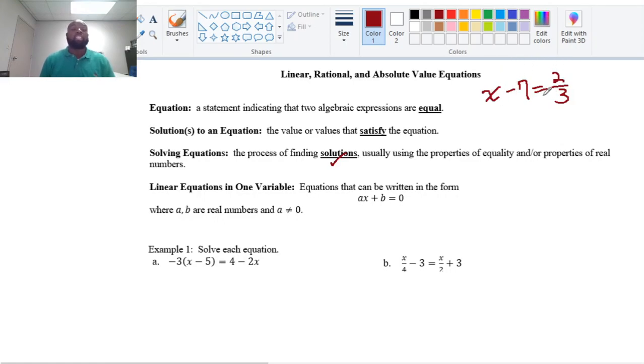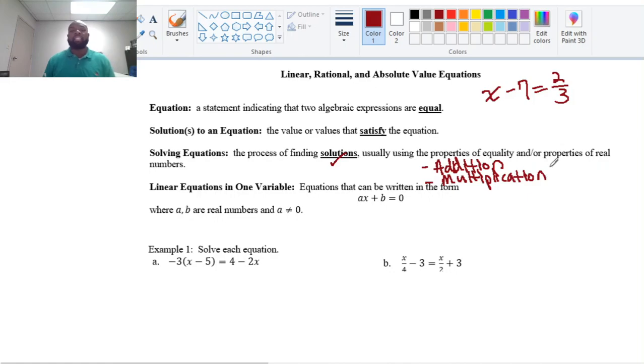Usually when we go through the process of finding the solutions, we solve equations using properties of equality. There are two properties of equality that we generally use: the addition property of equality and the multiplication property of equality.